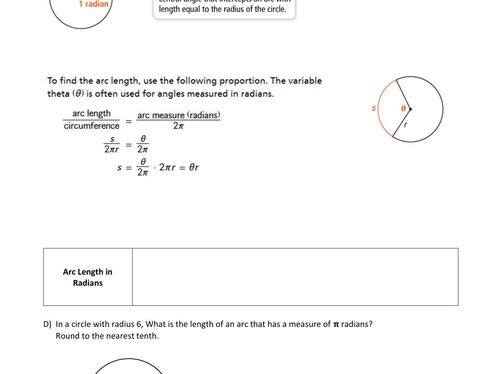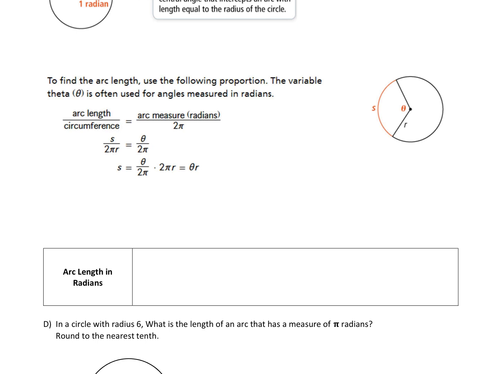So to solve, we replace arc length with S. The circumference of a circle is 2 pi r. Arc measure in radians, we're going to use this guy right here, theta. That's a Greek symbol often used to represent measures of angles. So our arc measure is theta.